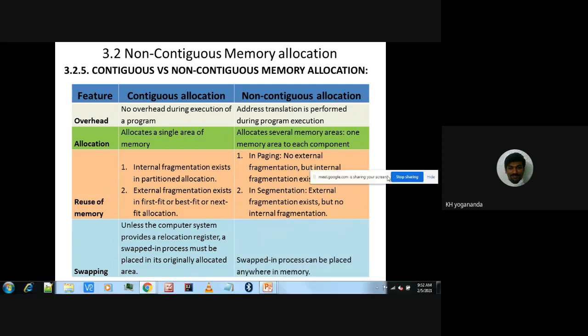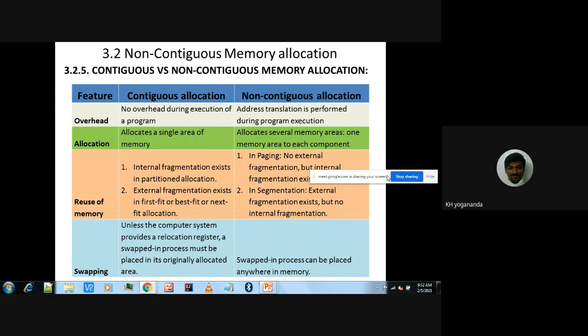Then when coming to non-contiguous memory allocation, a swapped in process can be placed anywhere in the memory. I will try to clarify here. In contiguous memory allocation, whatever process was just swapped out, when it wants to come back into memory, the memory area should be the same as before it was swapped out.